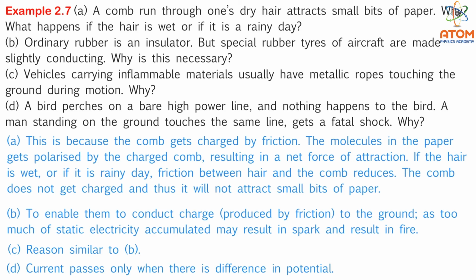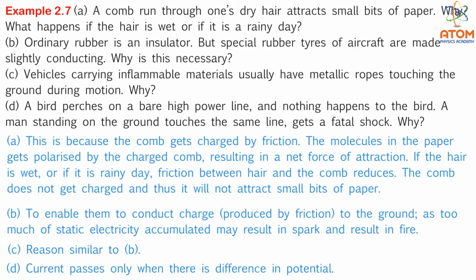Moreover, the moisture in the atmosphere also works here. If anything is charged, then due to the moisture in the atmosphere, the charge gets reduced gradually, because whatever charge is produced, one end will be positive and another will be negative.